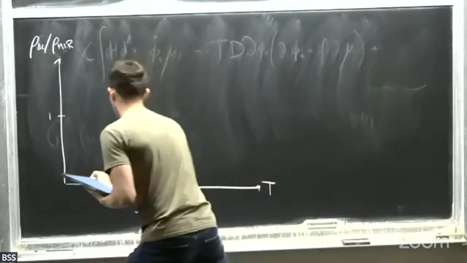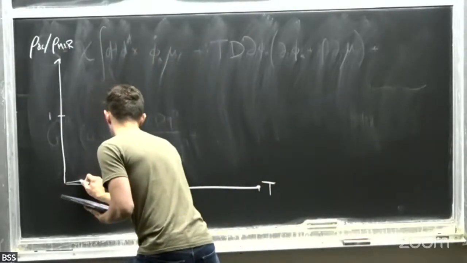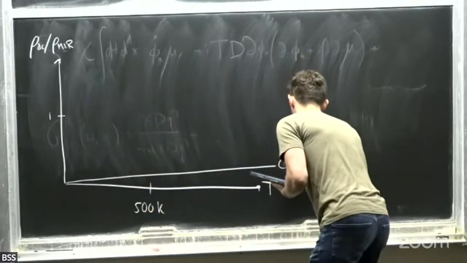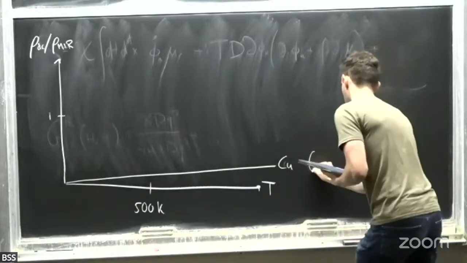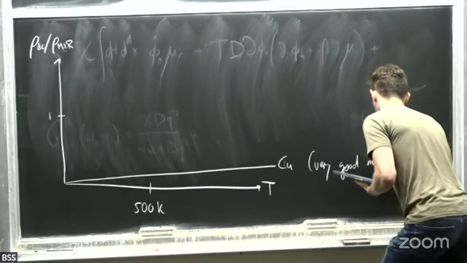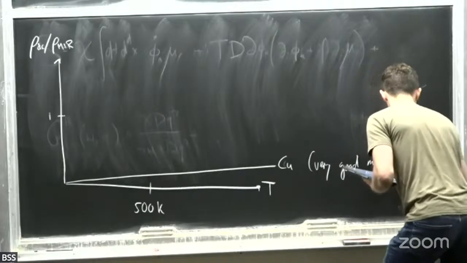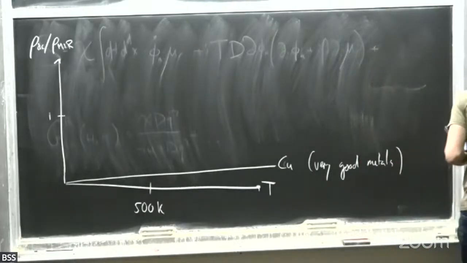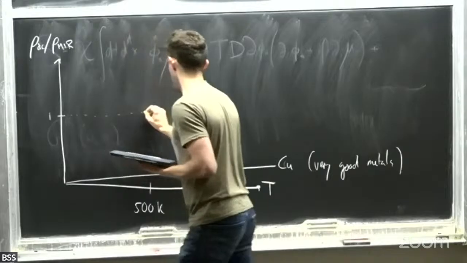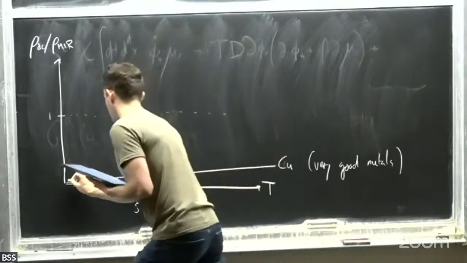So extremely good metals like copper have very small resistivities. But interestingly, many metals have slightly worse resistivities and seem to saturate at this Mott-Ioffe-Regel value.